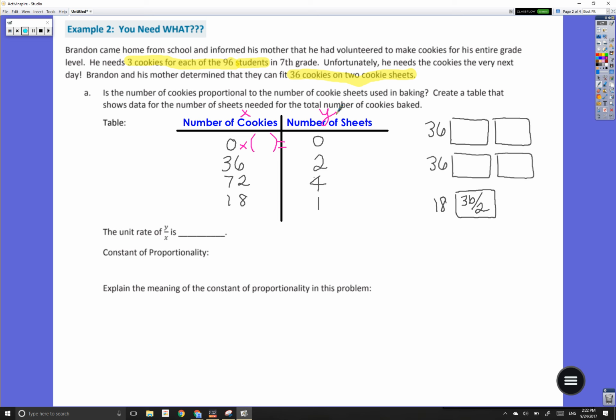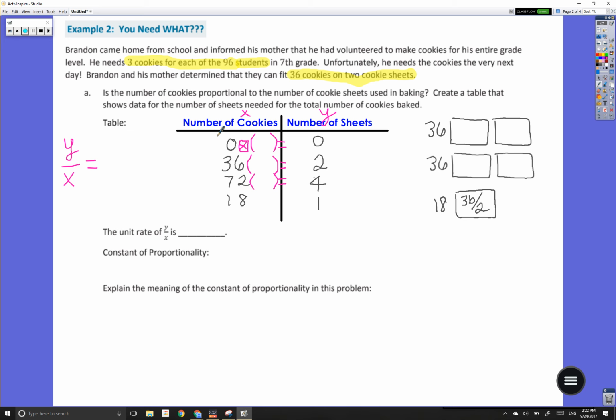I'm going to call those X and Y. I'm also not going to write the multiplication symbol anymore, I'm just going to put parentheses, so we don't confuse it with X. I could use mental math, but there's also a way to figure it out. If you take the Y value and divide it by the X value every time, that will give you the number that we're looking for.